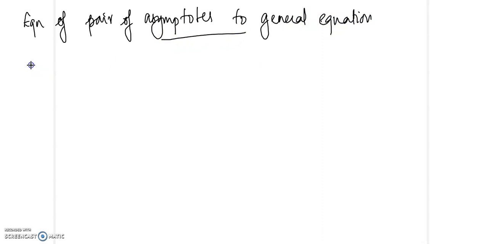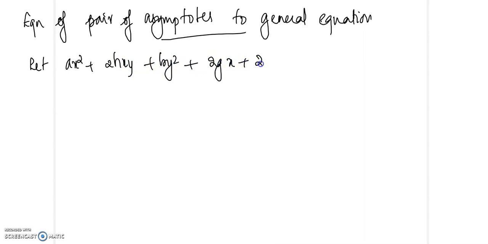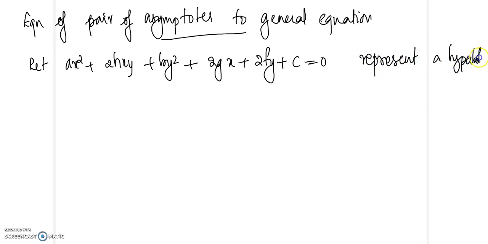Let us consider the equation ax square plus 2hxy plus by square plus 2gx plus 2fy plus c equal to 0 representing a hyperbola. Let us look at what the equation of the asymptotes is. The equation of the asymptotes differs from the curve by a constant.